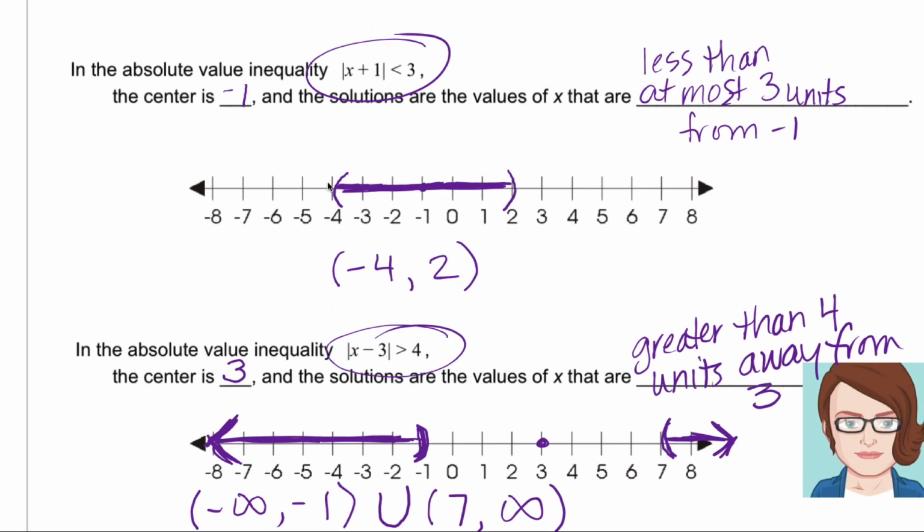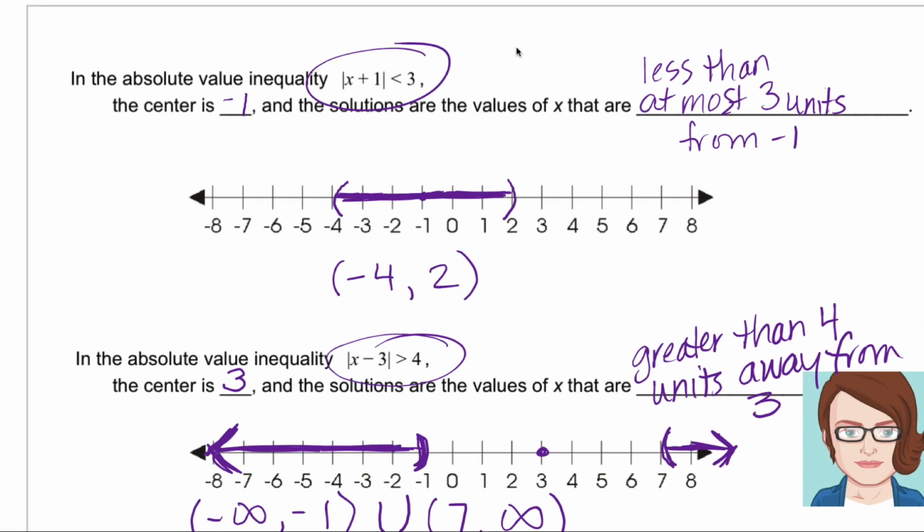Well, let's take a look up here. When we had the absolute value of x plus 1 is less than 3, we see that we are between two endpoints. We wanted to go in a positive 3 direction and be less than that, and we wanted to be greater than what was in the negative 3 direction.